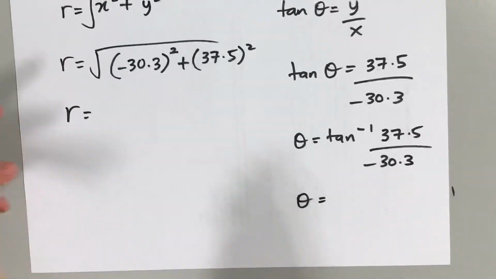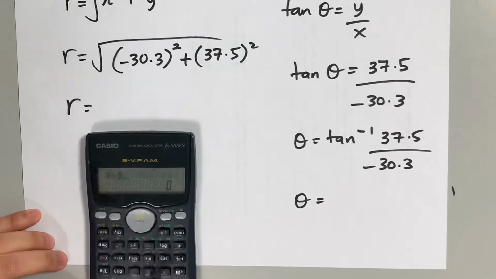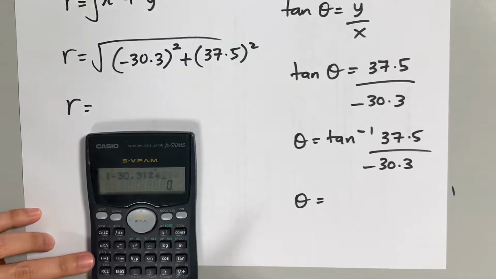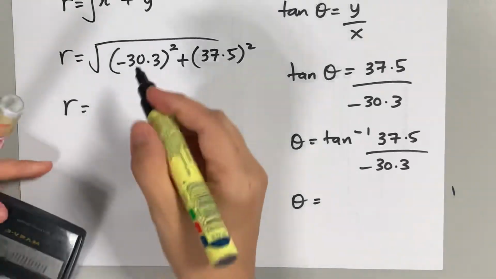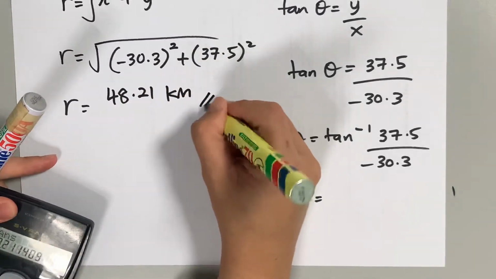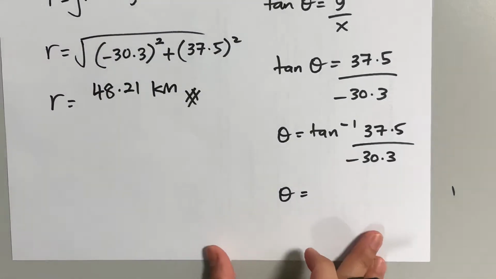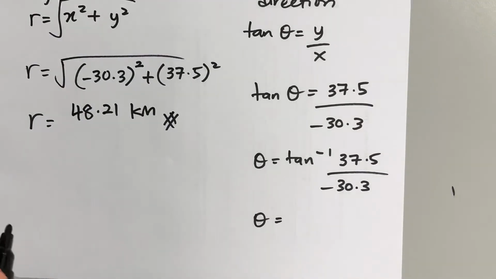So we find the magnitude first. 30.3 squared plus 37.5 squared, square root, answer 48.21. So 48.21 kilometers, because the question is given in kilometers. How about direction?